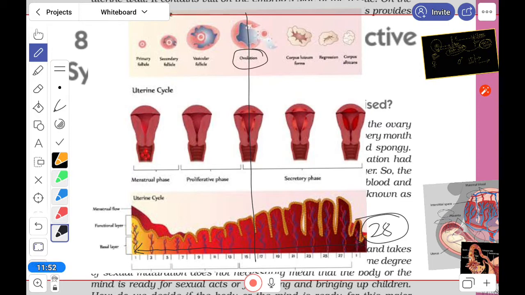See that the ovulation takes place. What is the meaning of ovulation? It means that the egg will mature here, and after that the egg will be released. After release, as I already told you, it is taken inside the fallopian tube. And in the fallopian tube, it waits for another 14 days for fertilization.